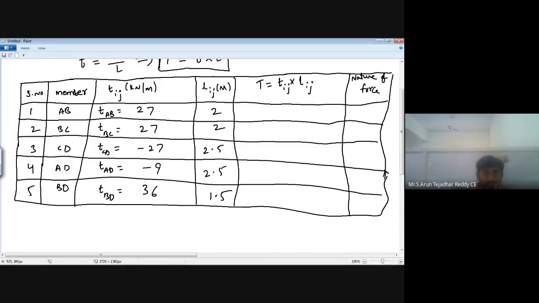First take the AB member, that is 27 and 2. You can write TAB is equal to 27 into 2 is equal to 54, here in kilonewton.